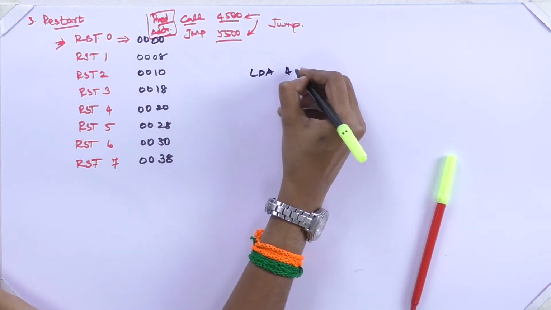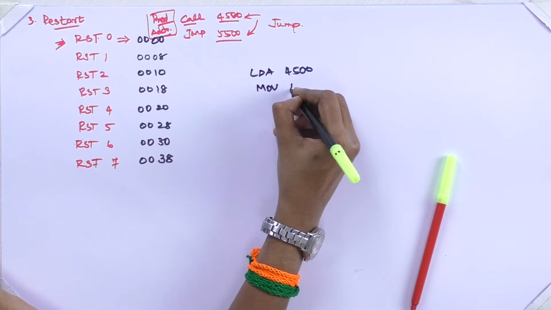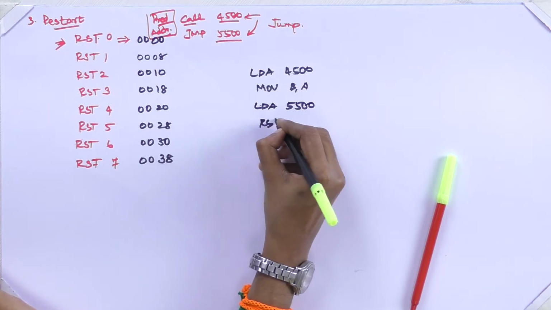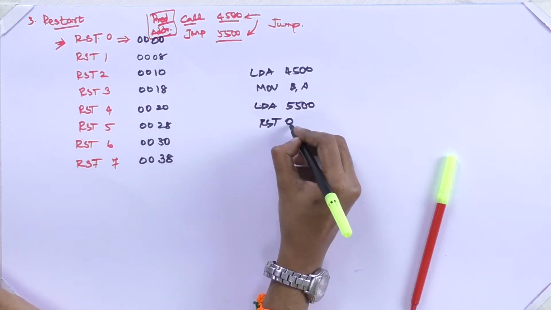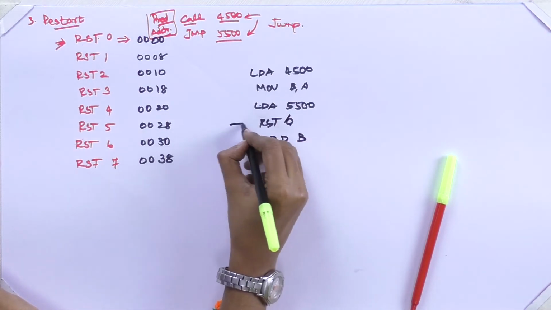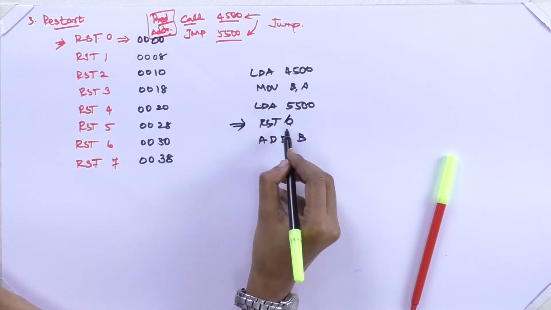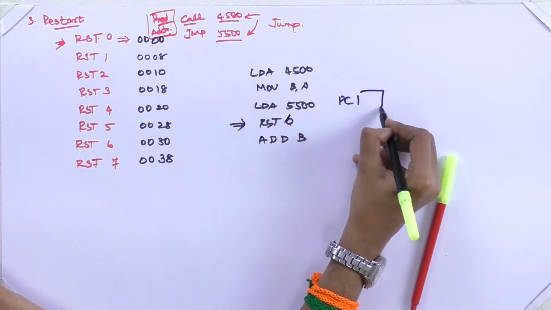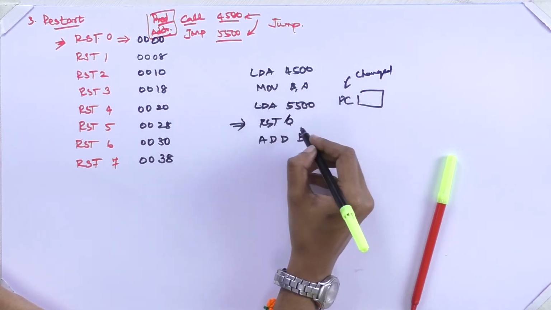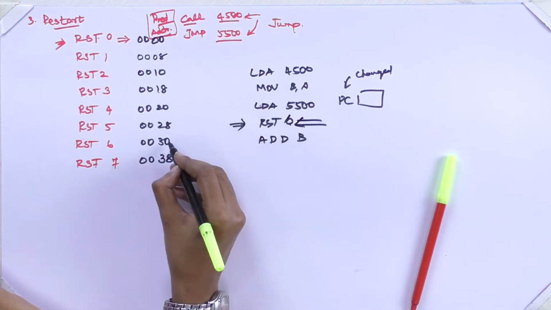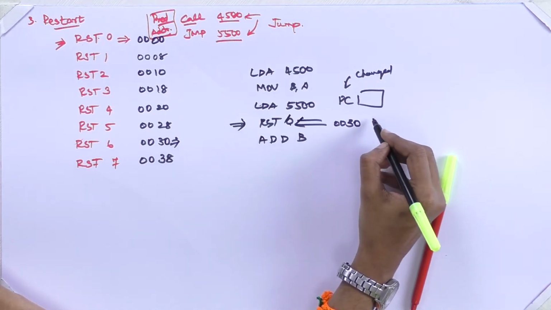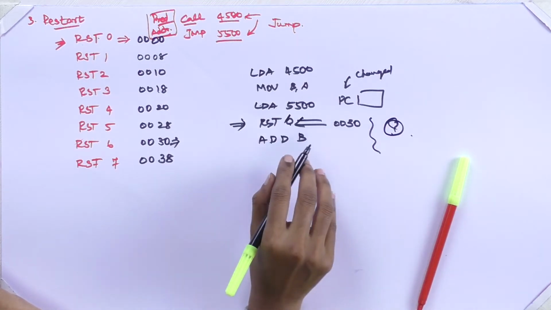For example, if you have instructions like this and we have used RST6 here, then when the processor happens to execute this instruction, the PC value will automatically be changed, as we discussed before. It will jump to the address 0030 and execute the lines whatever we have mentioned there.